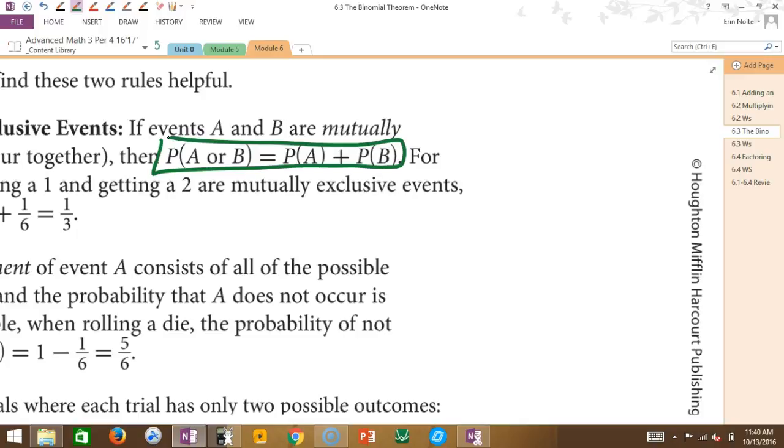Okay, so for example, if I ask you, what's the probability that I'm going to roll, no, let's use a different example. We're talking about a standard deck of cards, and I say, what's the probability you're going to pick a 10 or a jack?